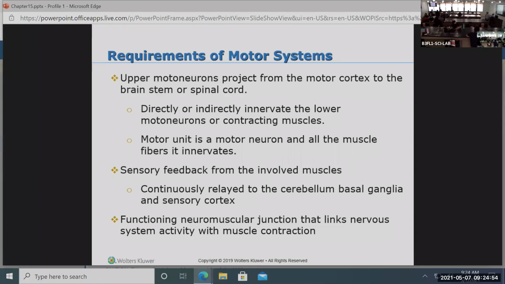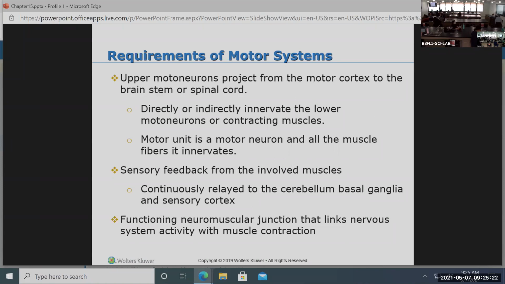From the skeletal muscles, these are called muscle spindles. Please remember. Muscle spindles are the sensory receptors for my skeletal muscle, providing information about the length and increase in length of the muscle fiber to the central nervous system.